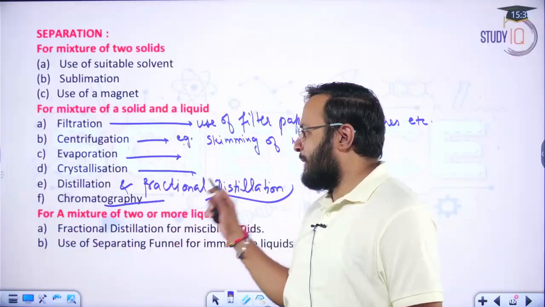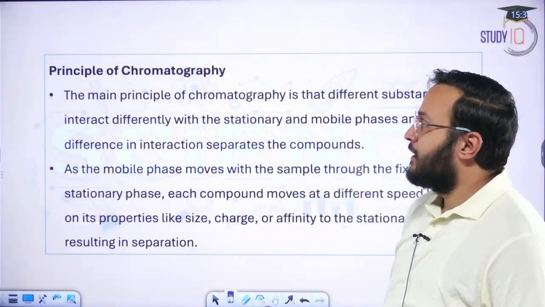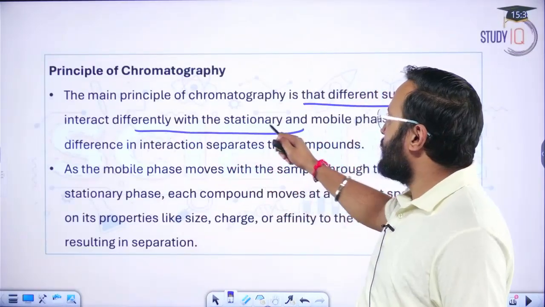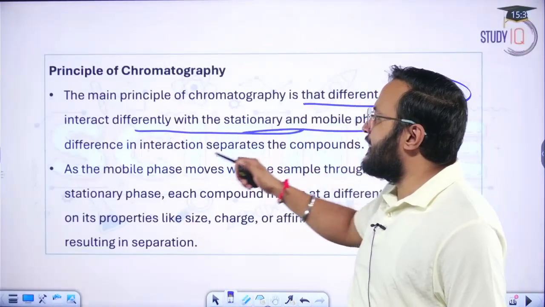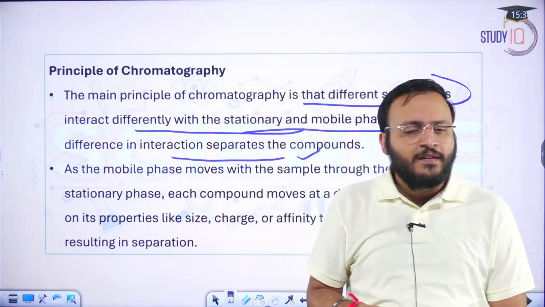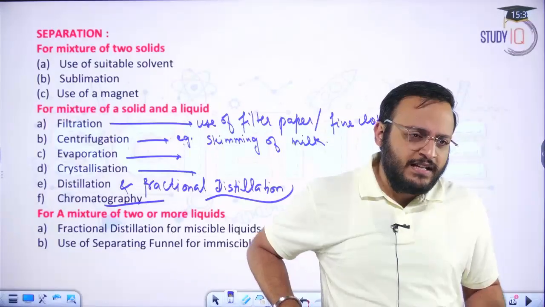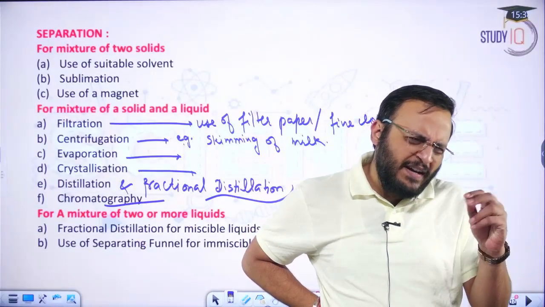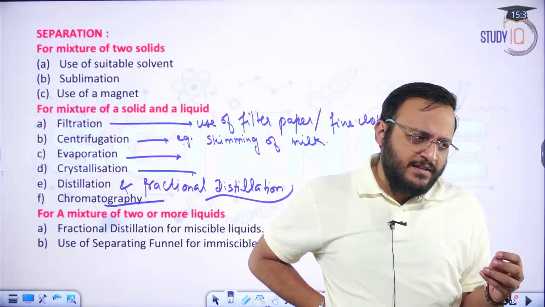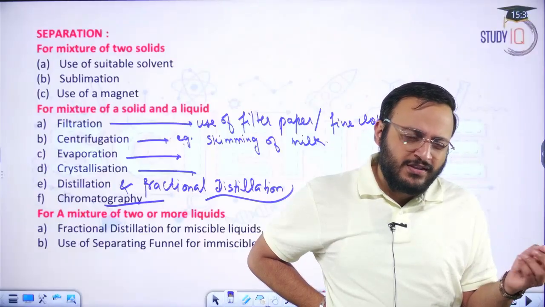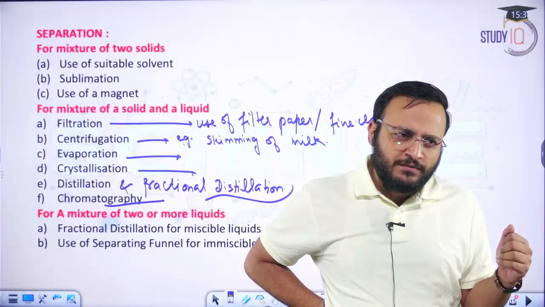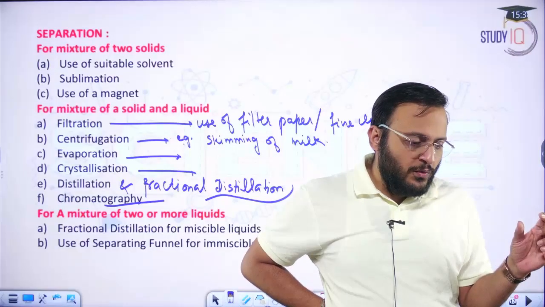Then we have chromatography. Now, what is chromatography, guys? Chromatography is where different substances interact differently with the stationary and mobile phase, and this interaction separates the compounds from one another. Have you seen that different kinds of pigments act differently when mixed with water or any other solvent?